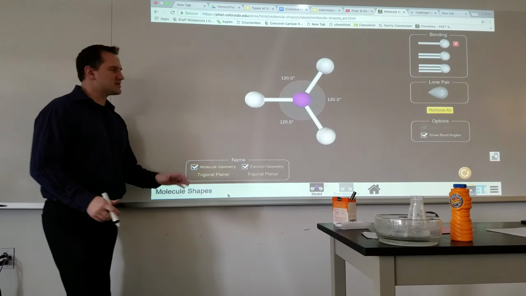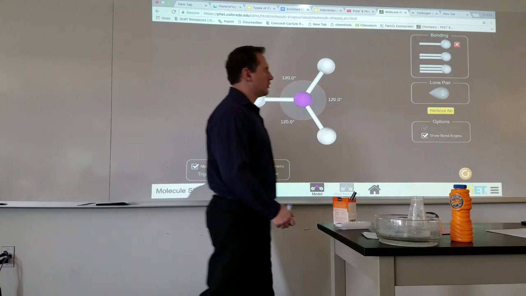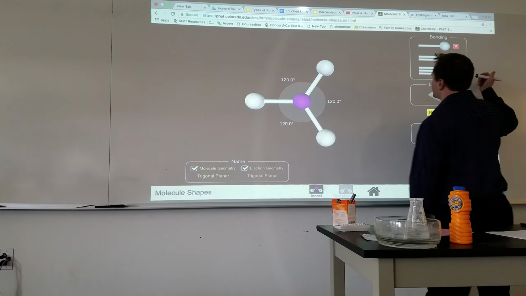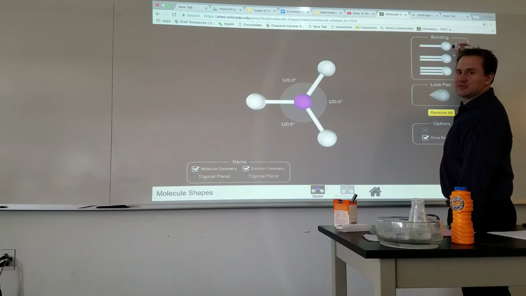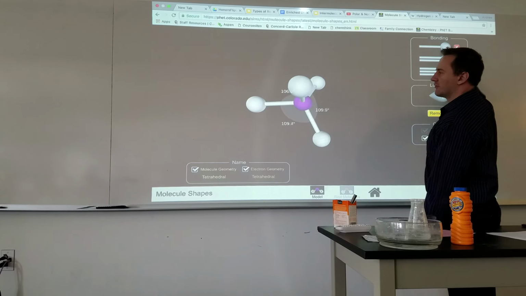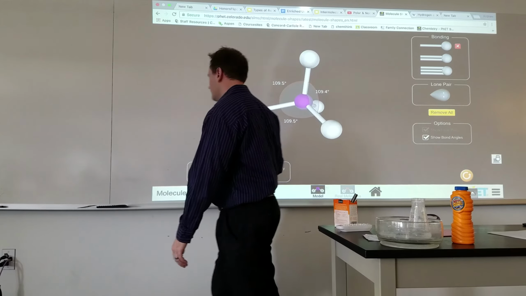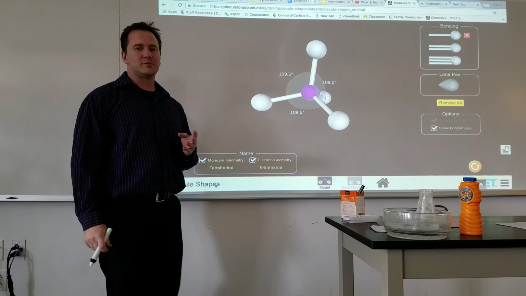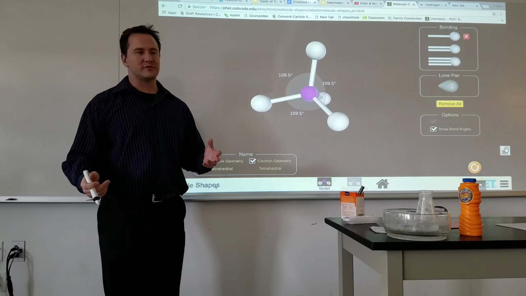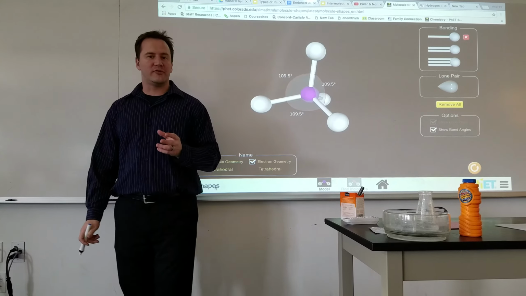Now, when we get past those two, it starts to get a little bit more complicated, because the other shapes we're going to learn about contain unshared pairs, or in 3 dimensions, they don't form exactly the same as they would in 2 dimensions. The first one I'm going to show you that's not what you would expect just looking at a 2-dimensional model would be tetrahedral. Anytime you have 4 atoms bonded to a central atom, which carbon does all the time, you end up with them spreading out to be 109.5 degrees apart.